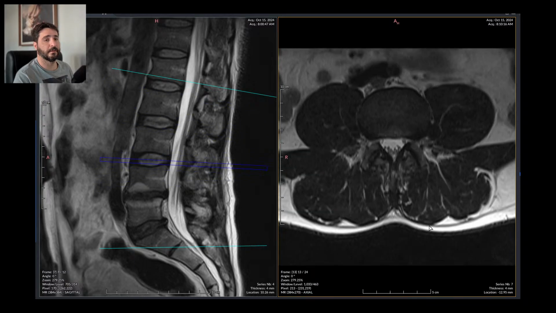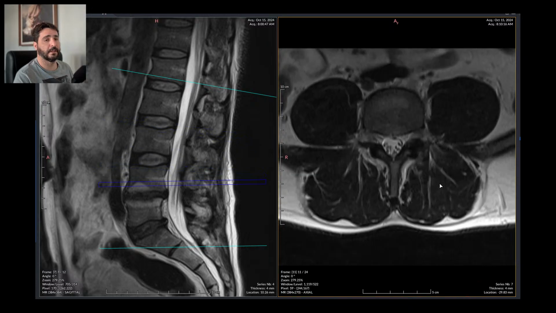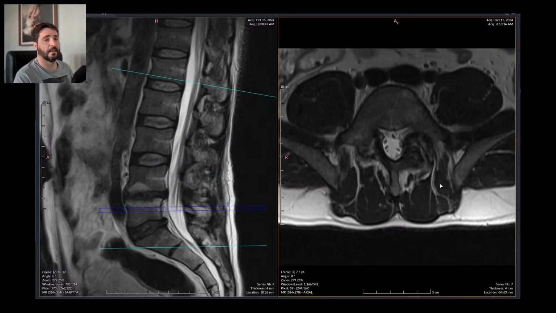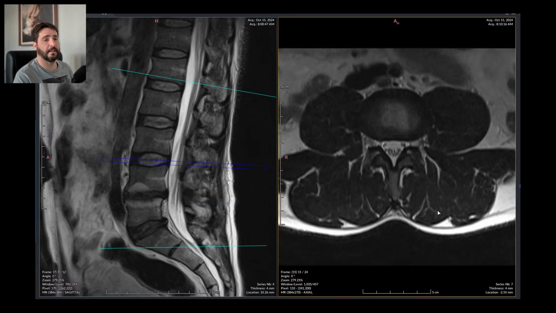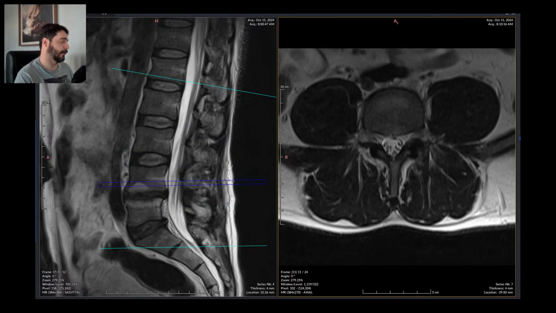There is also enough thickening of the yellow ligaments to be of importance right there. So let's just write down the rupture of the fibrous ring, the annulus fibrosum or fibrosum.